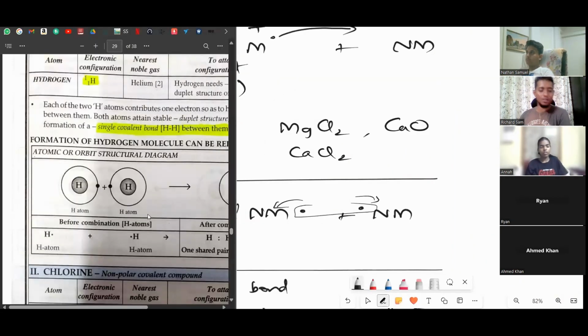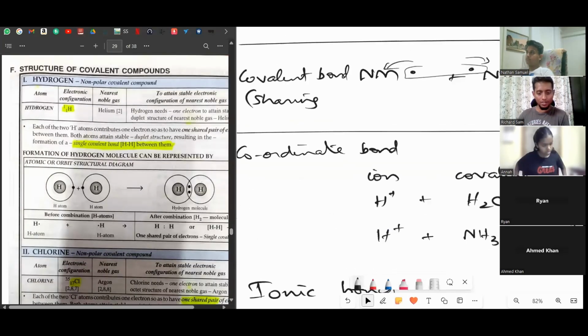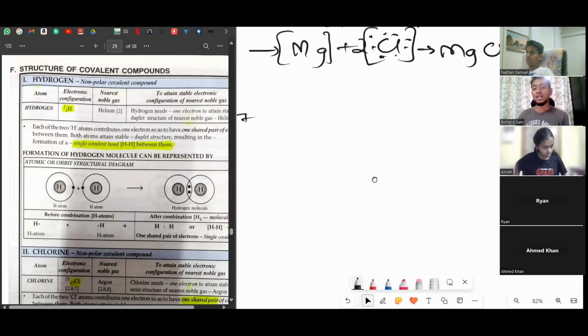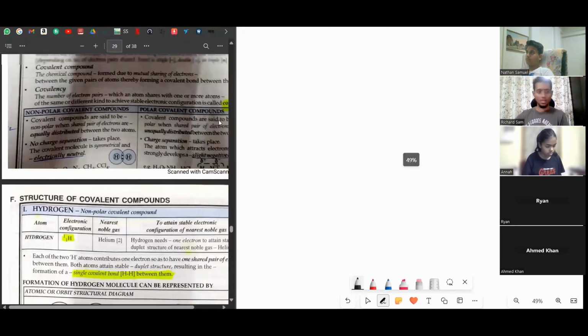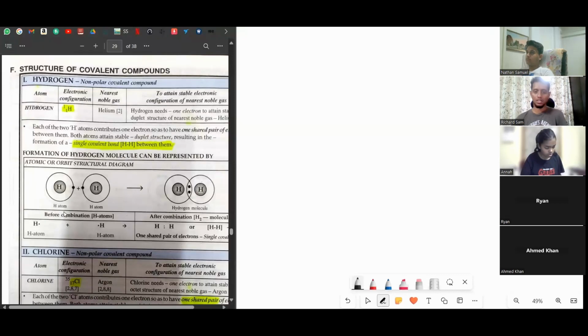We will draw the electron dot diagram. It's a little different than the electron dot diagram that we drew for ionic compounds. So here, for hydrogen, draw that 1 electron in the outermost orbit, plus the second hydrogen. For this also, you draw the electron over here. And when they add, H plus H, you get H with both the electrons in the center.